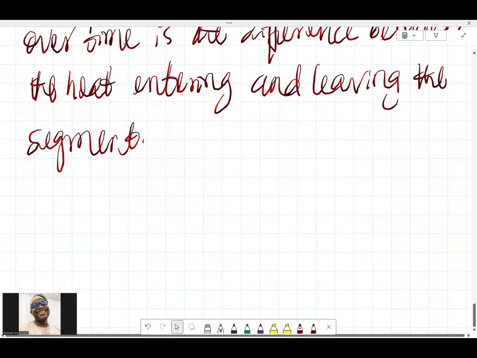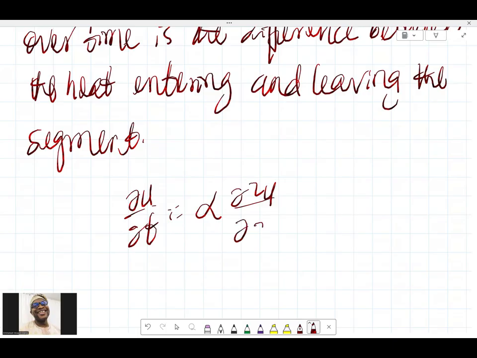And then that will now be partial u partial t equals alpha partial squared u partial x squared.